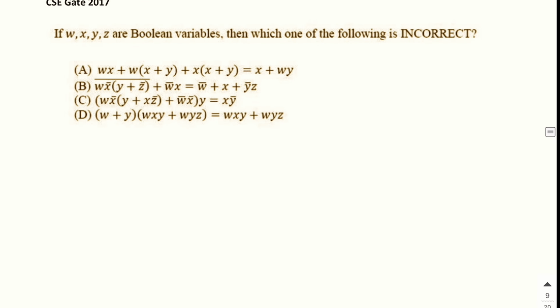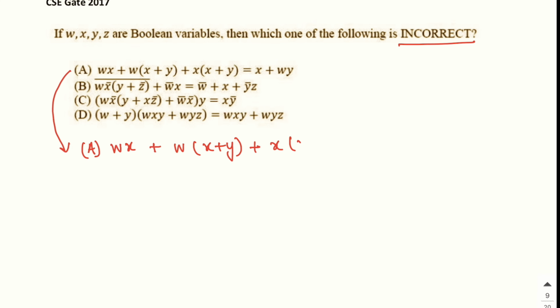The next question is, if W, X, Y and Z are Boolean variables, then which among them is incorrect? This is option A that we are trying to see: Wx plus W, X plus Y, plus X, X plus Y. So we'll just open these brackets. We'll have Wx plus Wy plus X dot X, which is X only, plus XY.